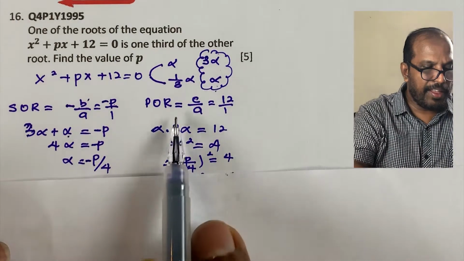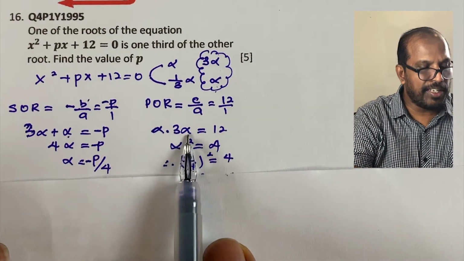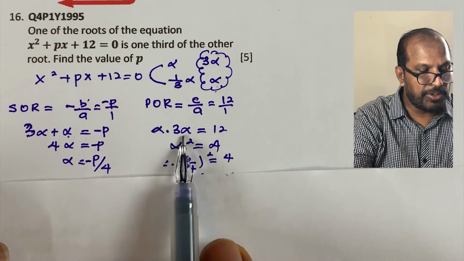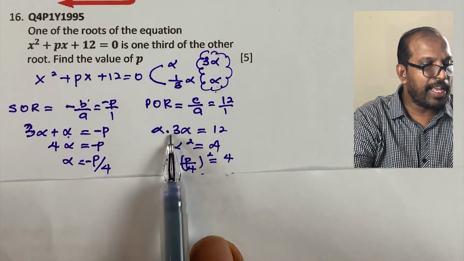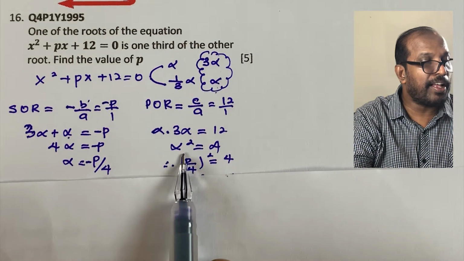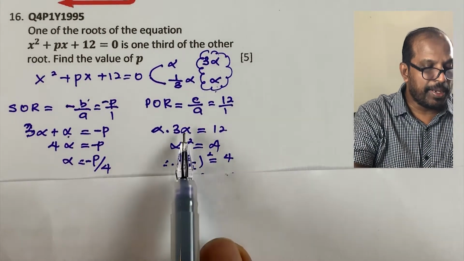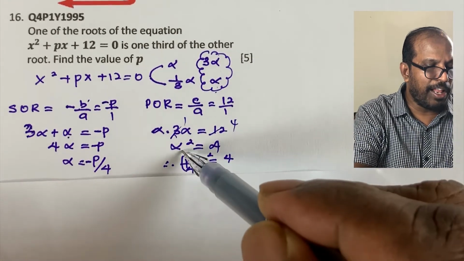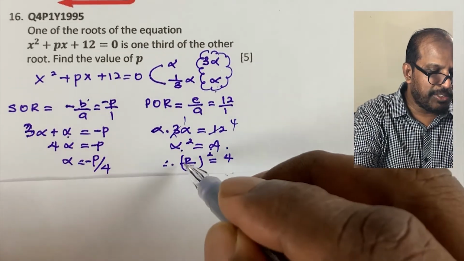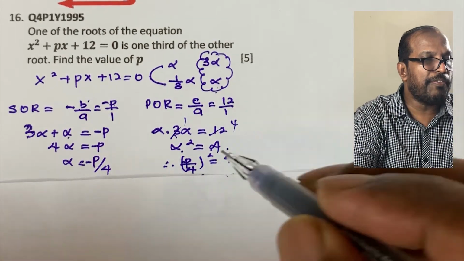Then we have alpha times 3 alpha, the product of the roots, equal to 12. So alpha times 3 alpha gives 3 alpha squared, but the 3 I cut here becomes 1 and this becomes 4. That's why I got alpha squared equals 4, and alpha is negative p over 4.